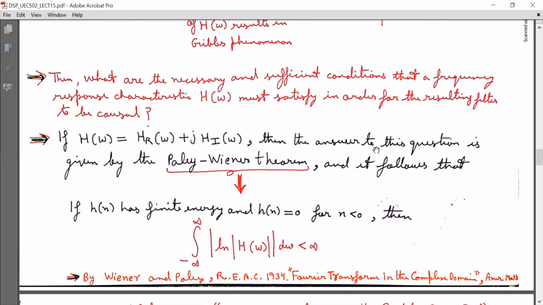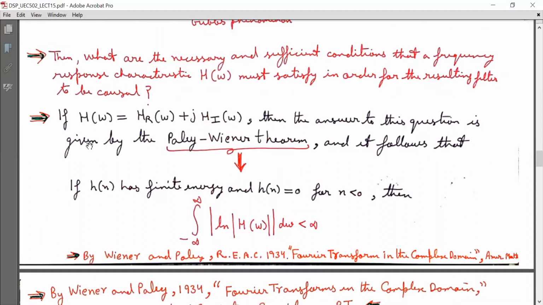For that, we will consider H(omega) equal to H_R(omega) plus j H_I(omega), that is, the real part and the imaginary part of H(omega). Then the answer to this question is given by the Paley-Wiener theorem.